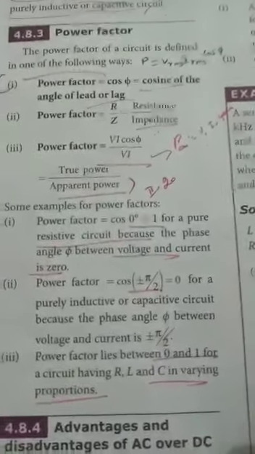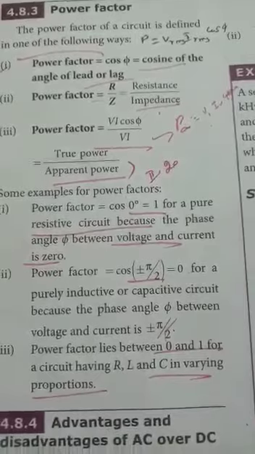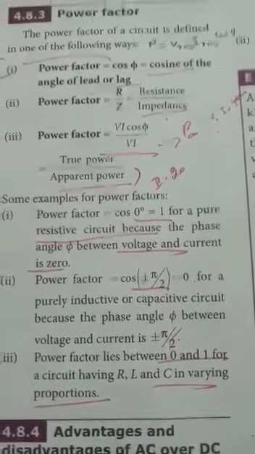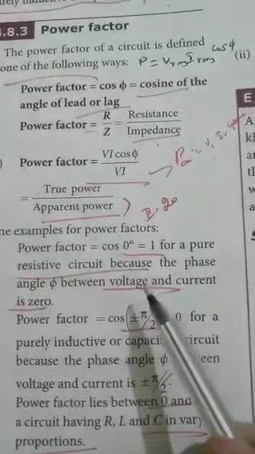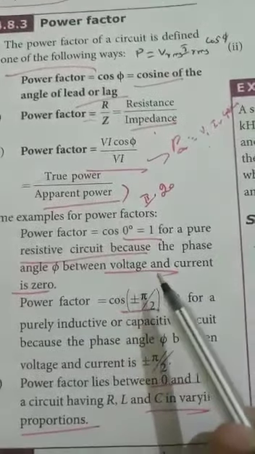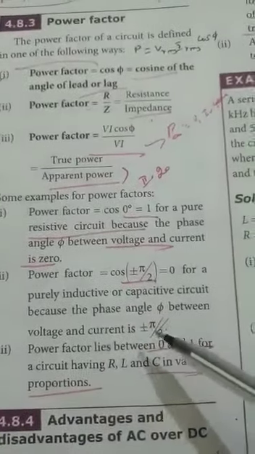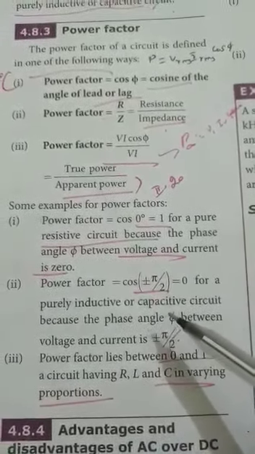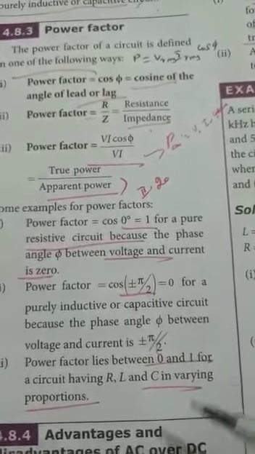First one, in the AC with the resistor circuit, voltage and current are in phase, so the angle between the voltage and current is 0. If angle phi is 0, then cos phi is equal to 1. Next, the angle is pi by 2, that means the angle between the voltage and the current is pi by 2.